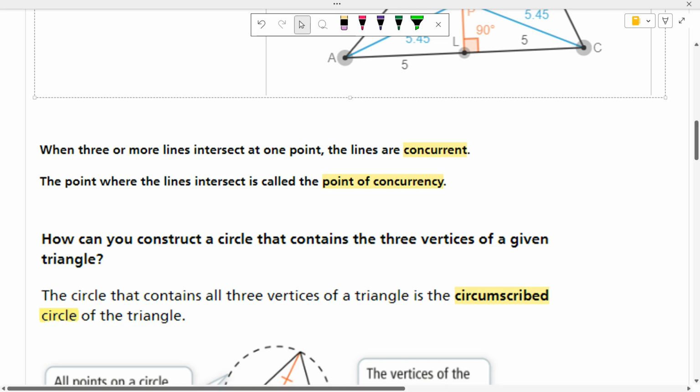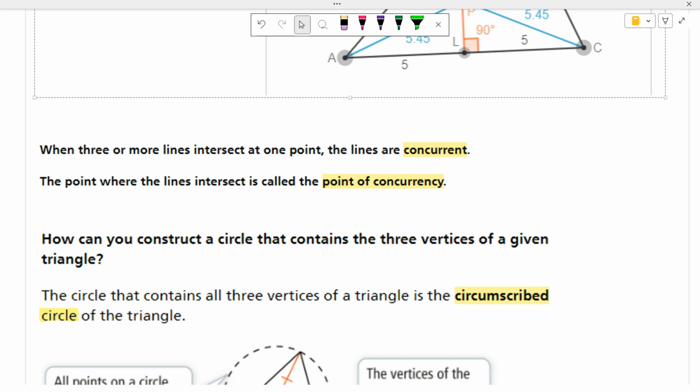Okay, so we have four different sets of concurrent lines. We have perpendicular bisectors that are concurrent, and they form a circumcenter. We have angle bisectors that are concurrent, and they form what is called the incenter.